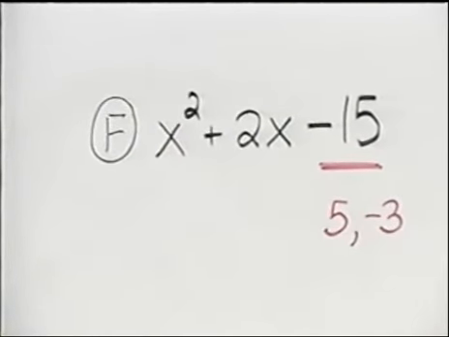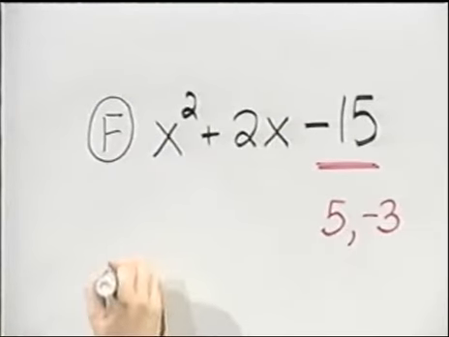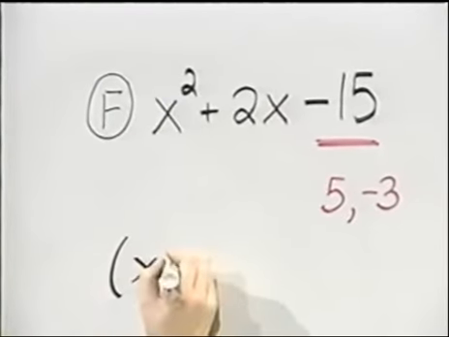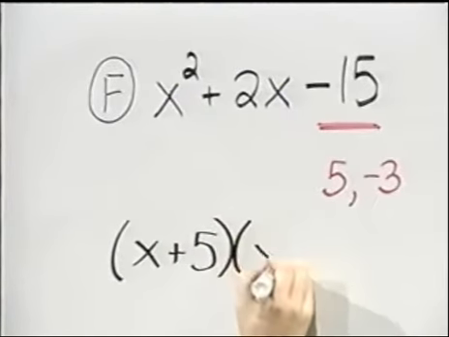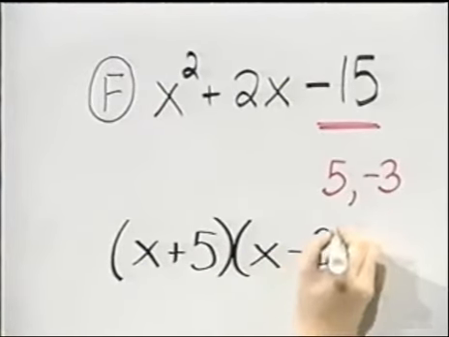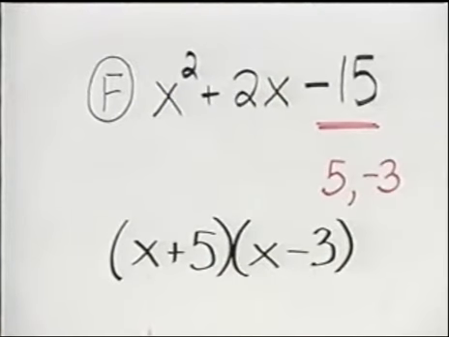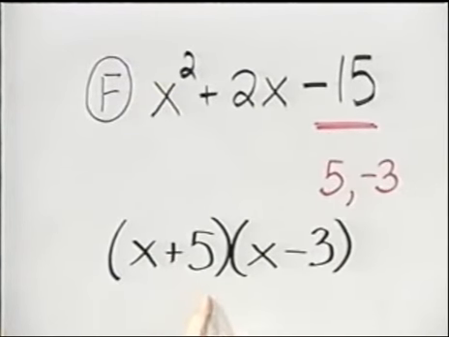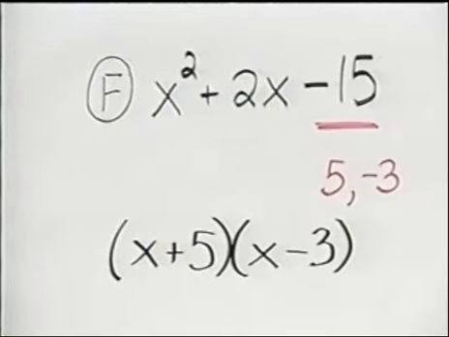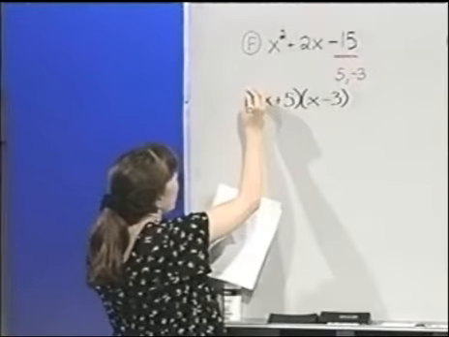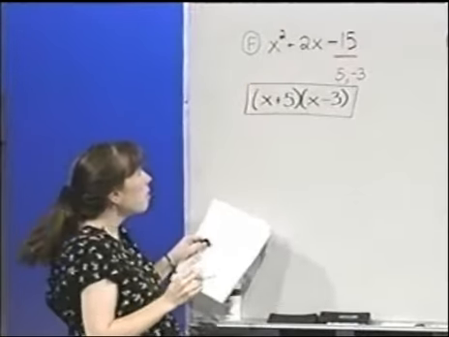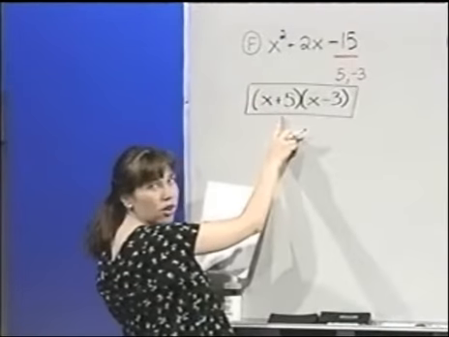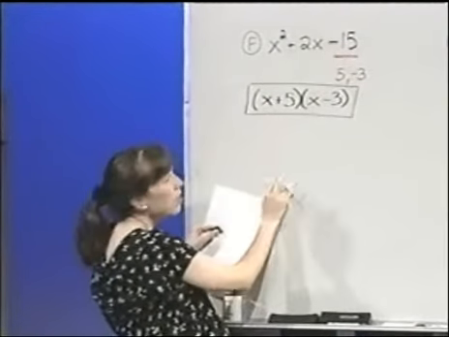And therefore, we're going to multiply two polynomials, x plus 5 times x minus 3, and that will give us x squared plus 2x minus 15. And I do want to point out, because one of the most common questions I always get is, does it matter which one comes first?